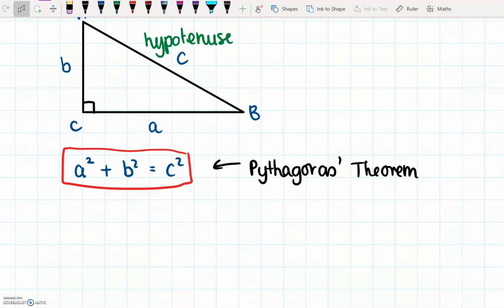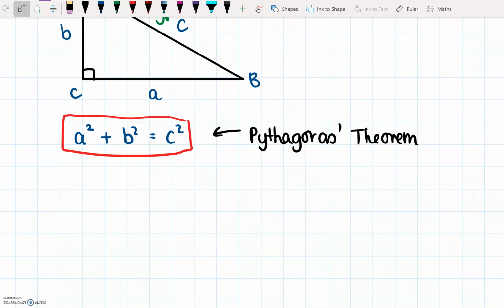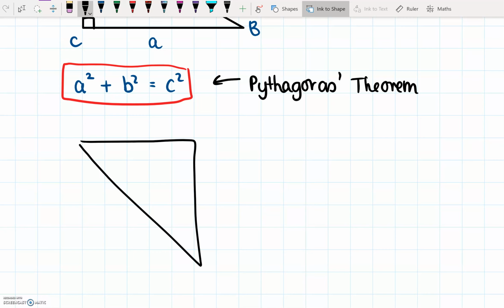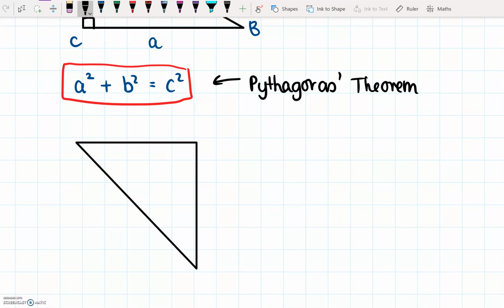You guys know that when we do a question in maths, we always start by writing the formula out, and that especially applies in this case. So we've revised the theory. Let's start by making a triangle. Let's make this one different just to make sure you don't get too used to it being a certain way.